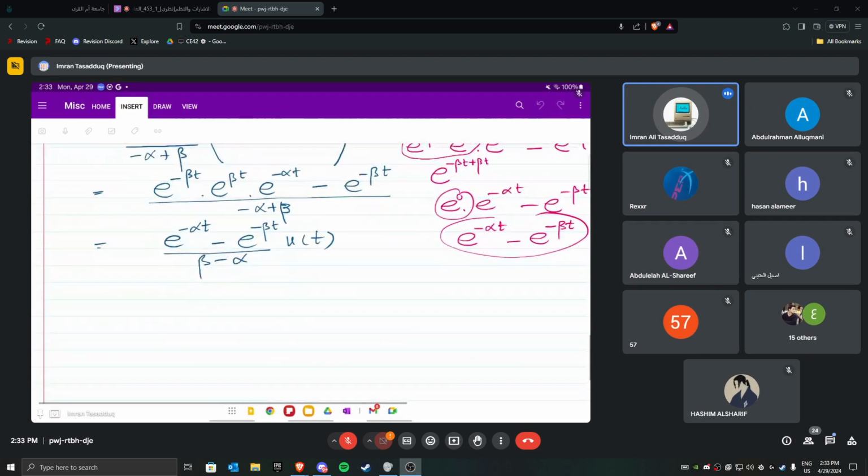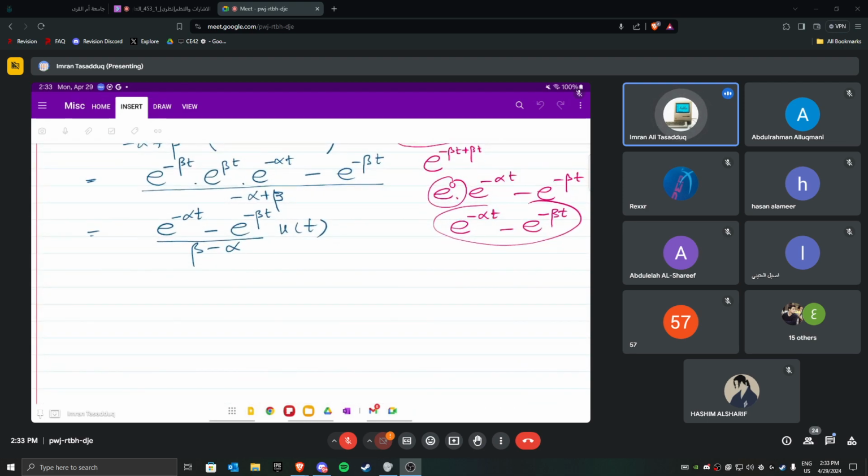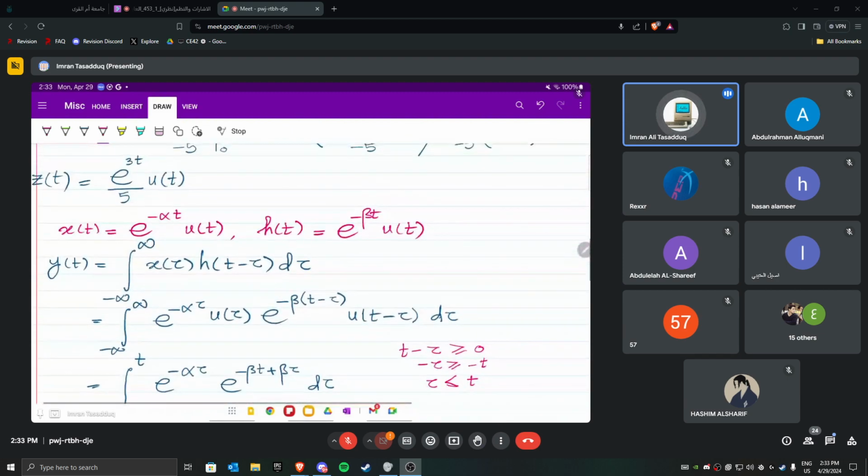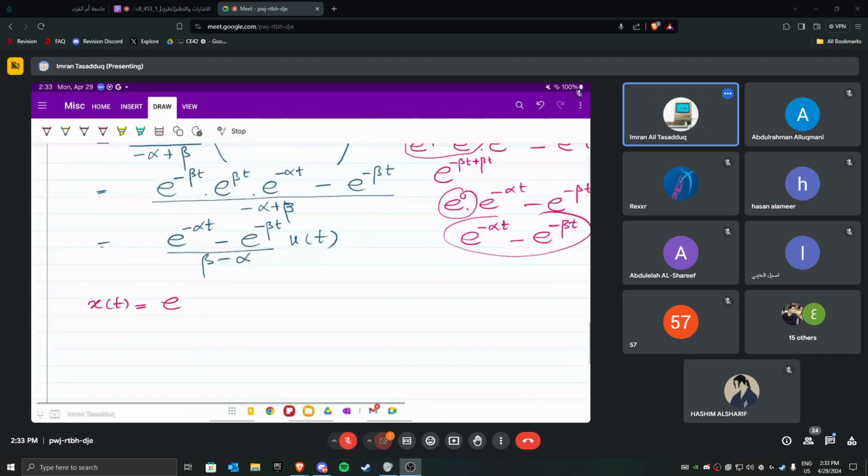All right. So now what he's saying is that the question is x of t is equal to e to the power, what was it, alpha t or minus alpha t? Minus alpha t u of t, and y of t is the same as the value of x of t. So it is minus alpha t u of t, right?